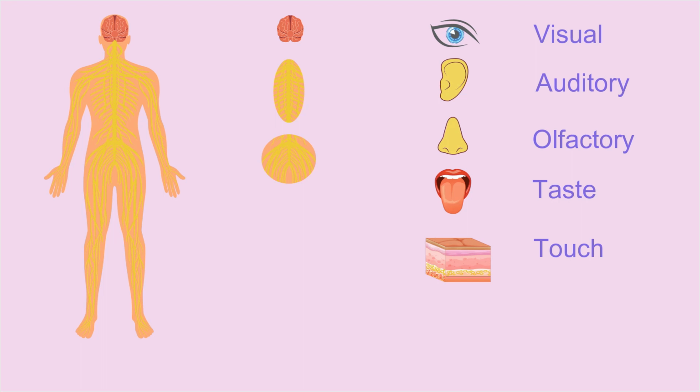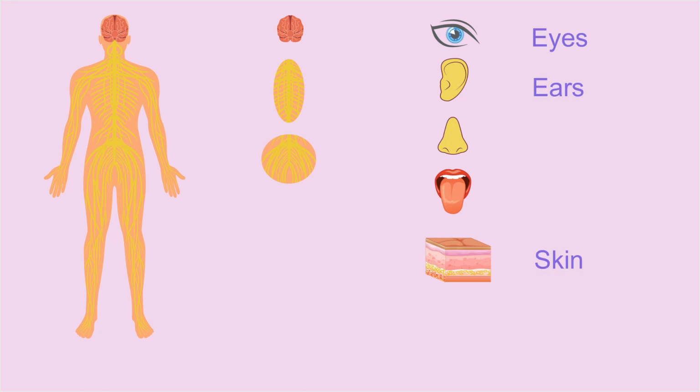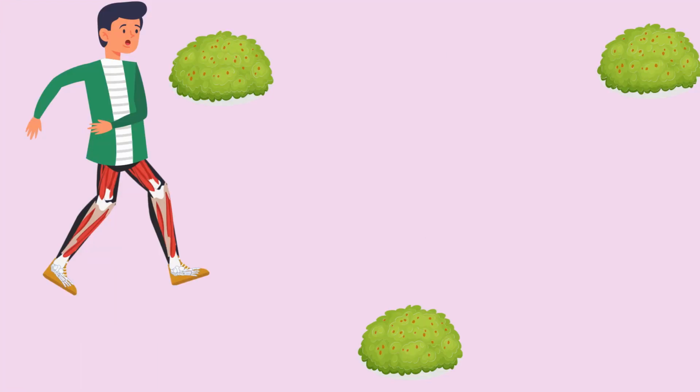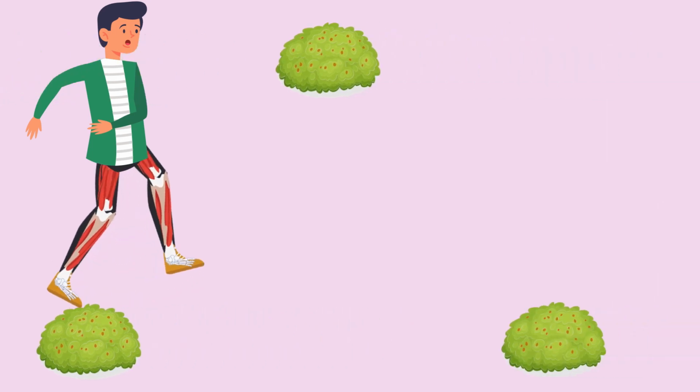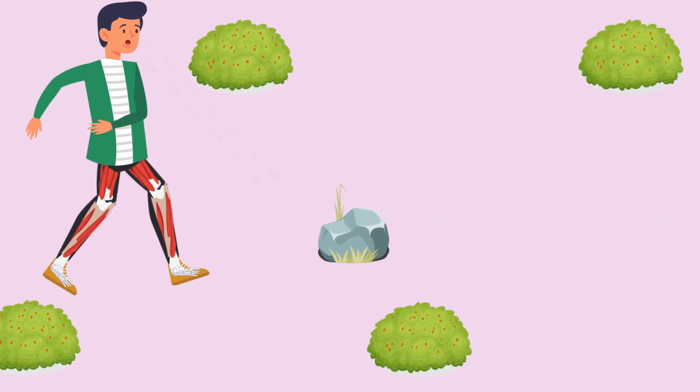Out of these senses, eyes, ears, and skin are the ones which can be incorporated in the robot via different electronic sensors. Let us take an example to understand the working of this system. Let's say you were running in a park. As soon as you were about to reach your destination, you saw a rock in front of you.